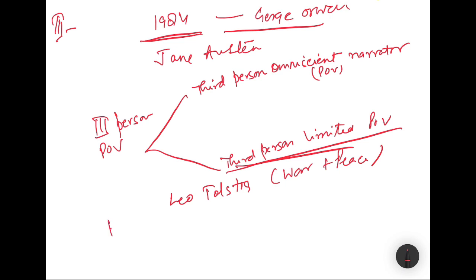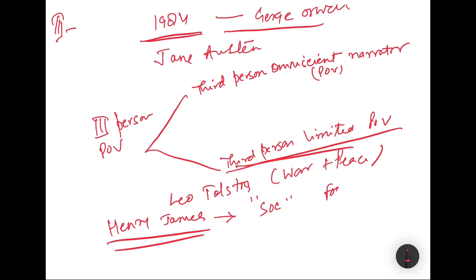And that is why Henry James, who gave the term stream of consciousness, called such a character the focus or the center of consciousness. He used this word for such kind of characters.